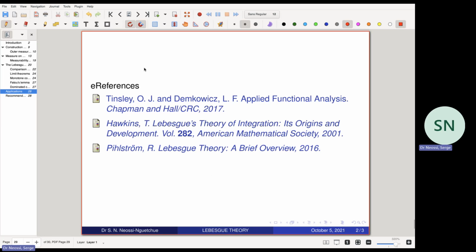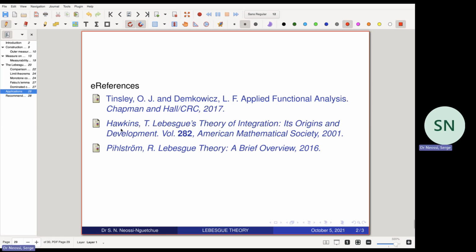So for those who are interested, the references that I used to write this presentation, or to write these notes, are the following. The first one is Applied Functional Analysis by Tinsley and Dem'kovich.